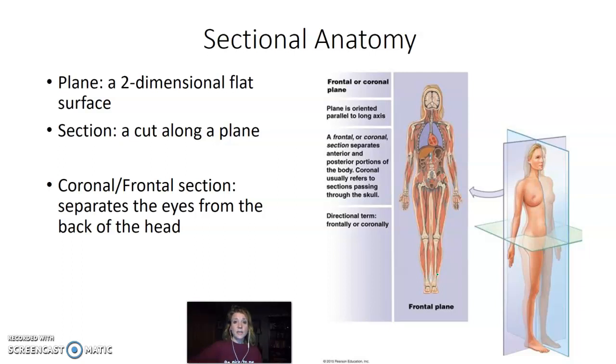And sectional anatomy is important to be familiar with, especially if you're planning on going into a career where you are required to look at MRIs, which are just digital slices of the body or of a certain organ. And what these slices allow you to do is to look for abnormalities that could be hiding in between the layers of tissue.